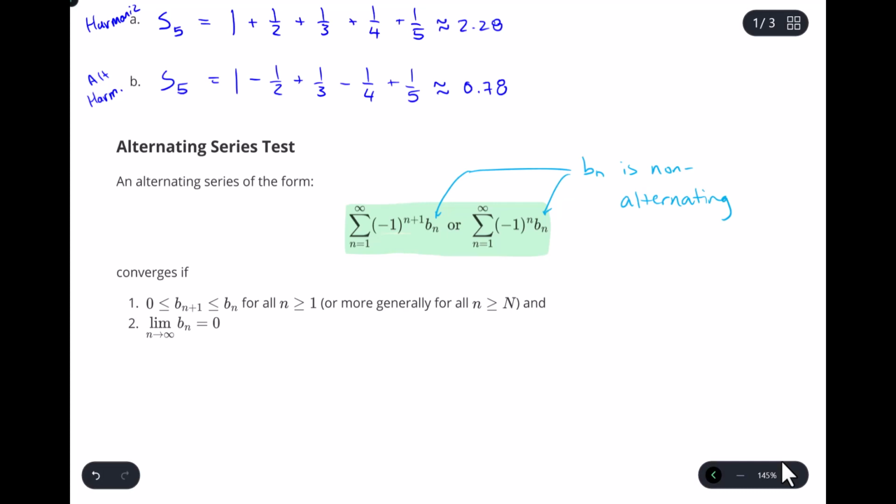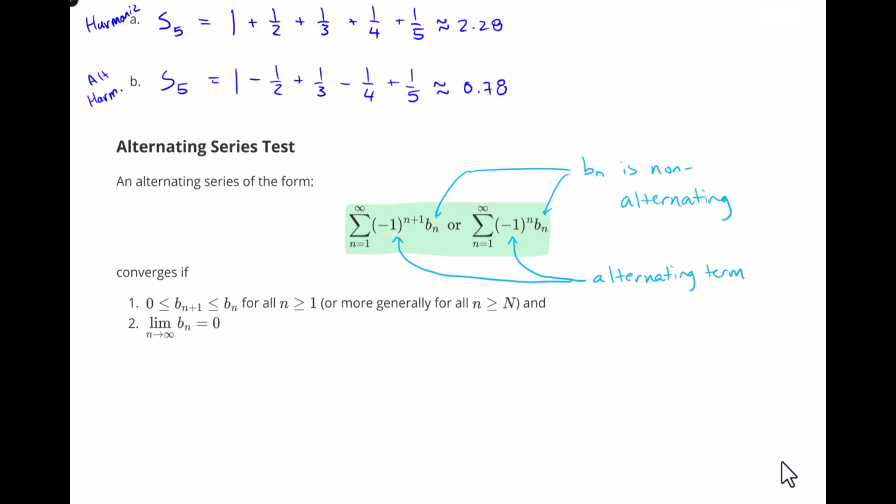So we've separated the alternating part of the sequence from the rest. This piece right here is called our alternating term, and that's what makes the sequence alternate.